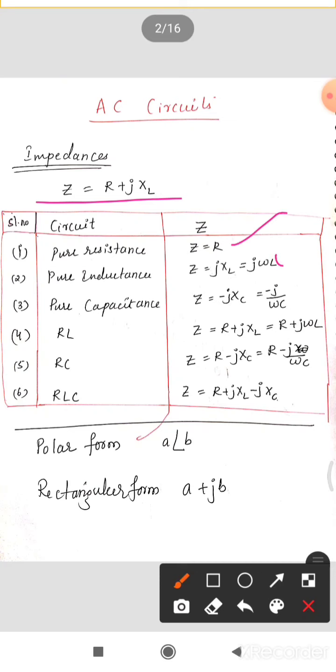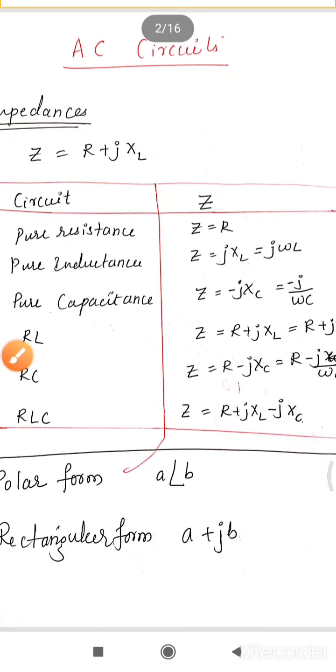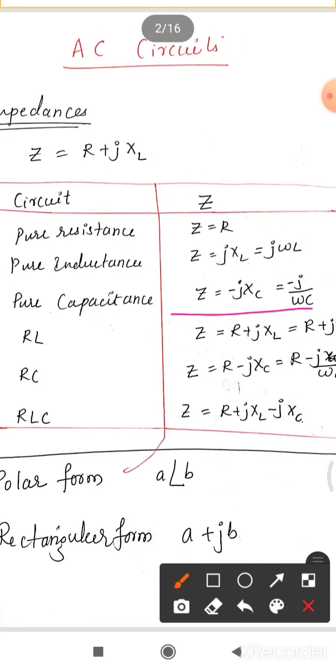At a glance, if the circuit consists of pure resistance, your impedance will be R only. It is nothing but your DC circuit. If the circuit consists of pure inductance, Z is equal to jXL. If it consists of pure capacitance, then it will be minus jXC.